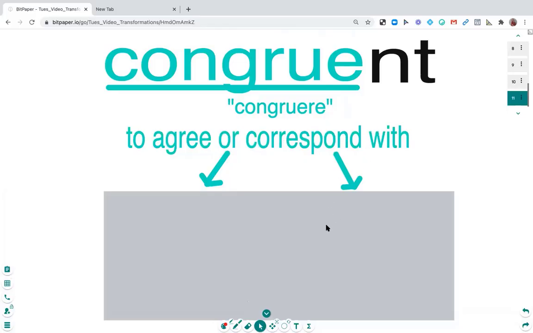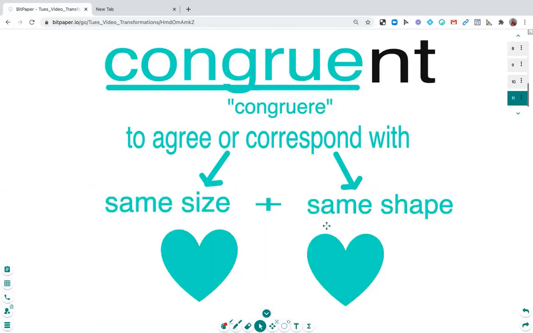So when we're talking about congruent images in math, we're talking about images that have the same size and same shape. So no matter whether I translate, rotate, or reflect my pre-image, it is going to remain the same size and same shape as the pre-image or as the original.